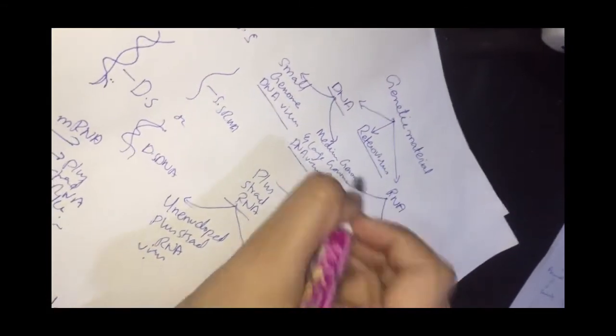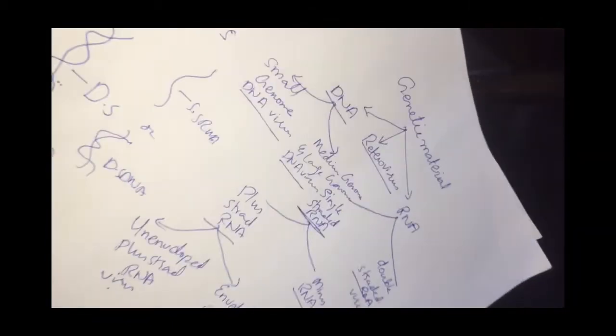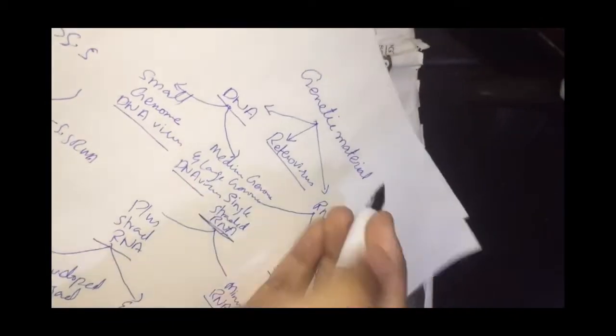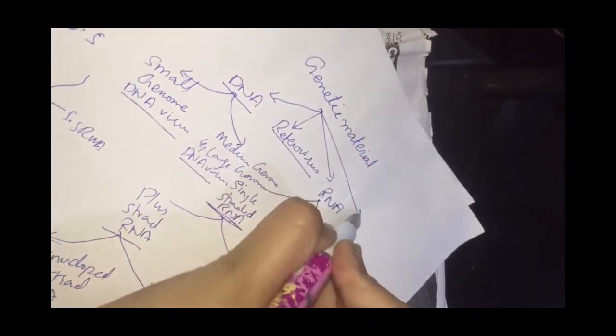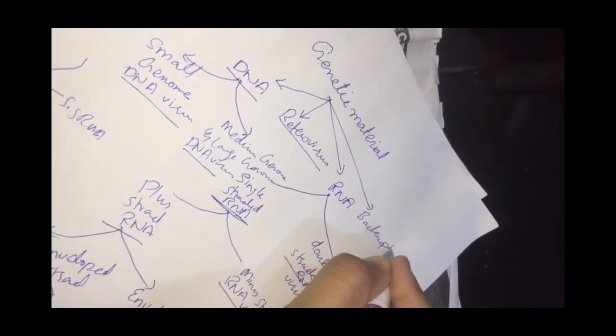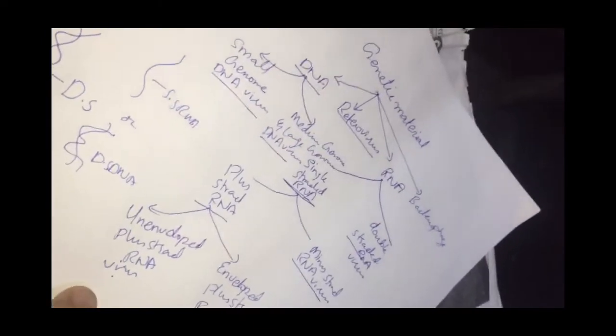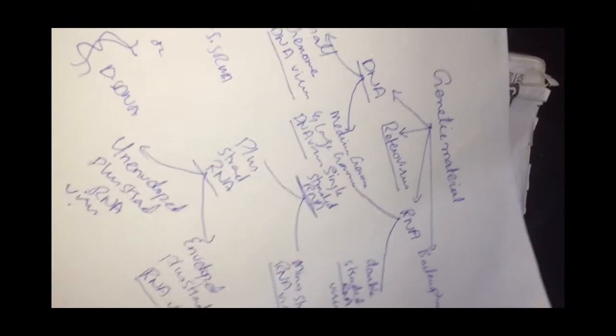It can only have single-stranded RNA or double-stranded DNA. Okay, now there's another category which is bacteriophage. This is the category which infects bacteria, whereas all these others infect plants and animals. Let's count the categories and see if there are 8 categories or more than that.